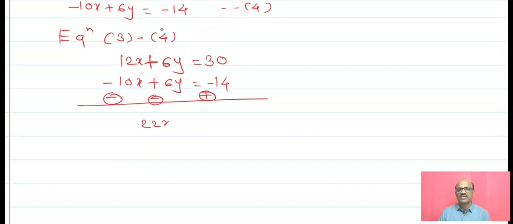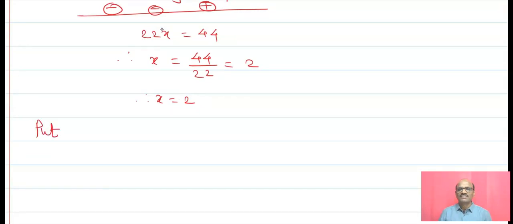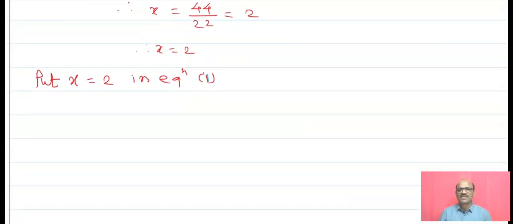When subtracting, the sign will be plus for the x term, so you will get 22x is equal to 44. Therefore, x is equal to 2.